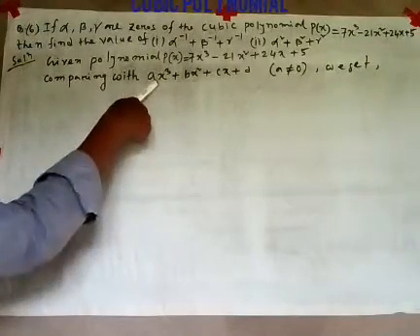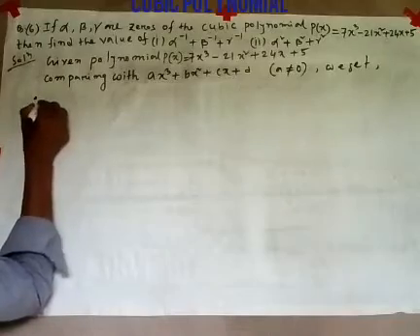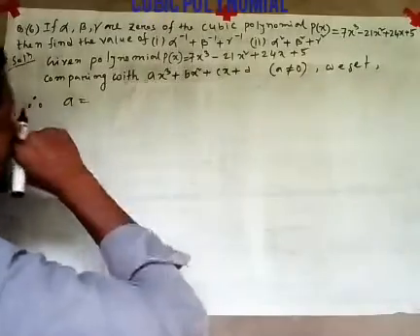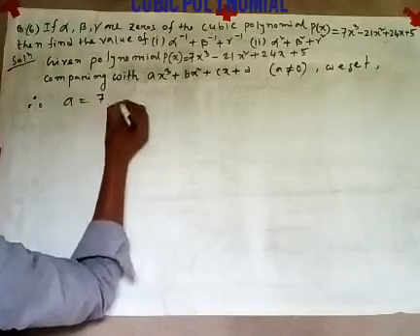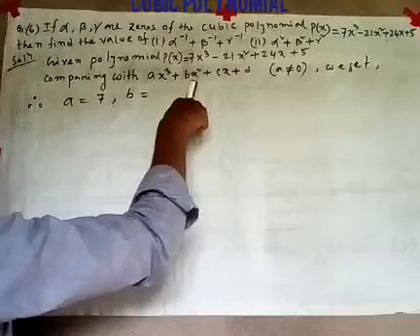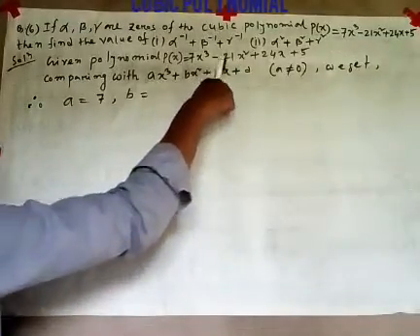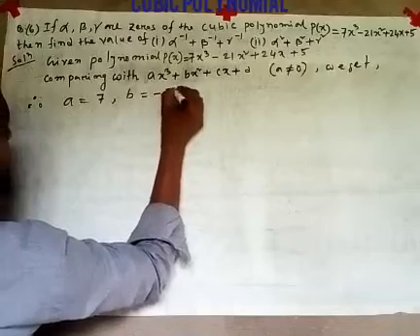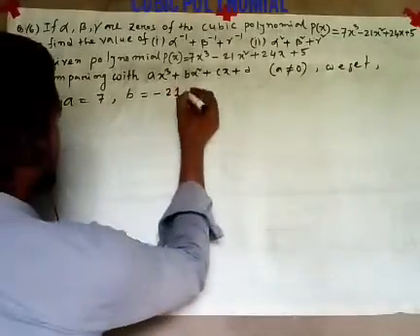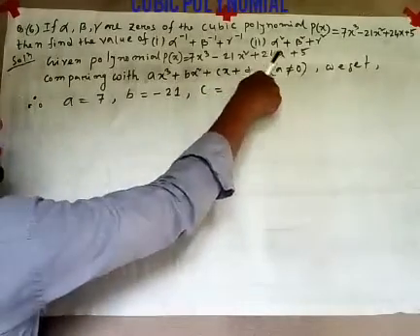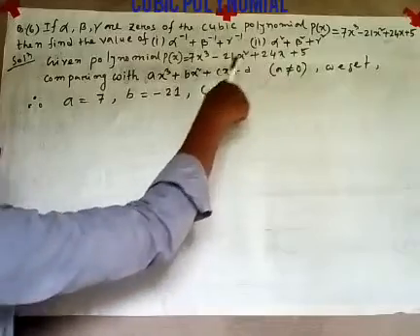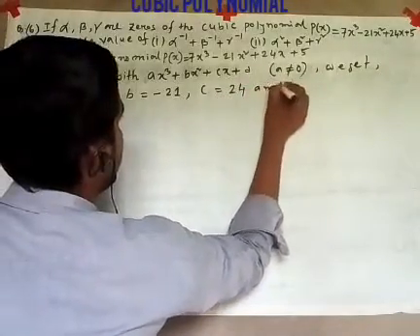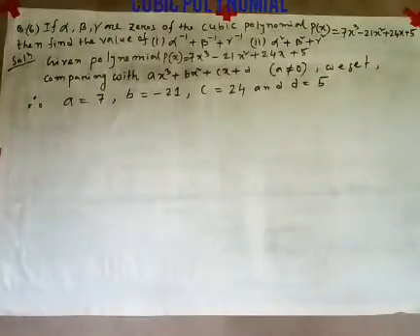Look, ax cube, 7x cube, so a equal to 7. b is from bx square, minus 21x square, so b equal to minus 21. c is from cx, 24x, so c equal to 24. d equal to plus 5. d value is plus 5.